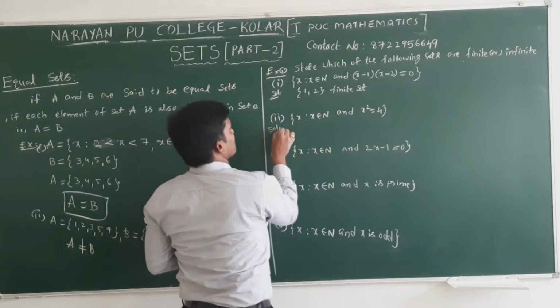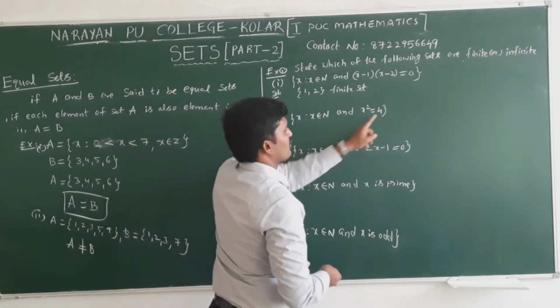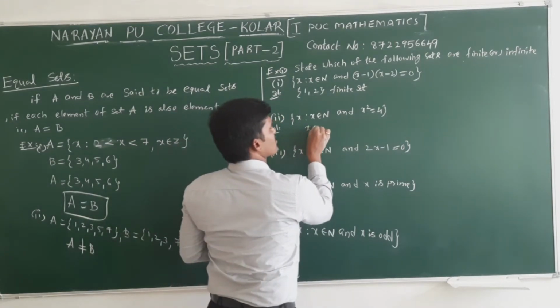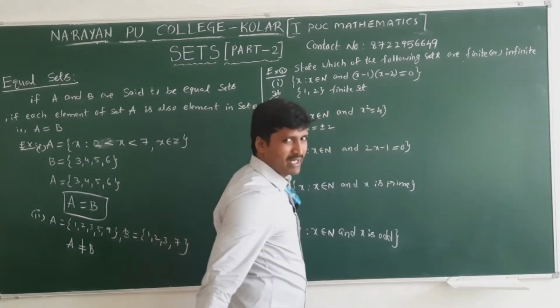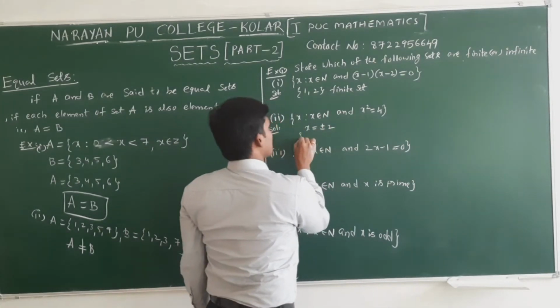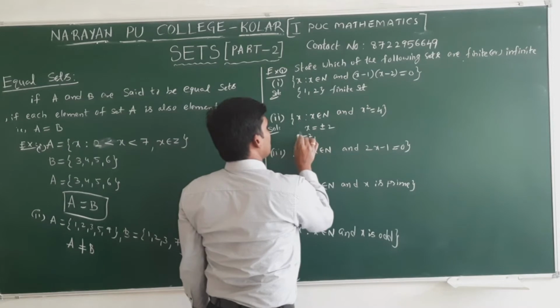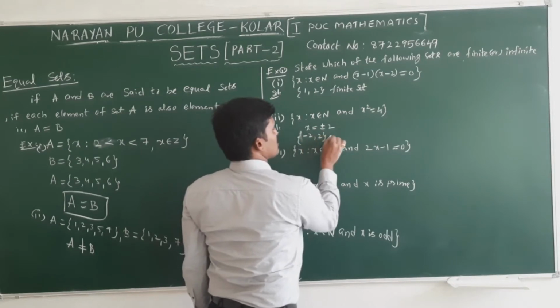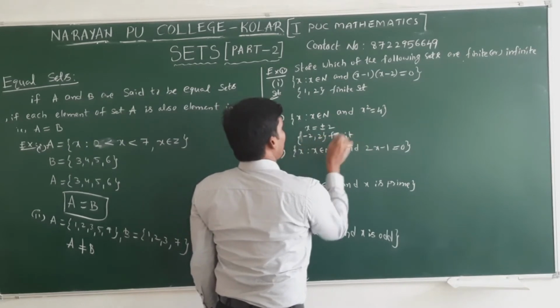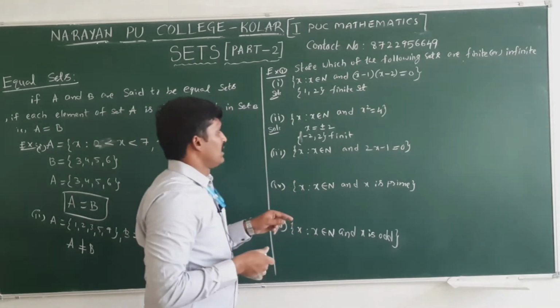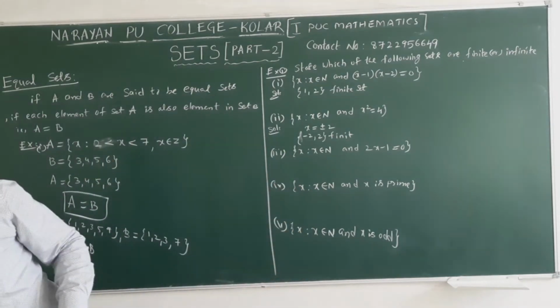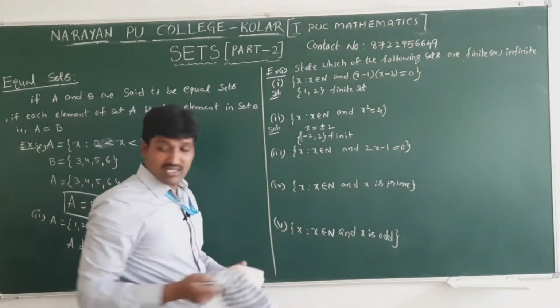Coming to the second one, X square equals 4, so what will X be? Plus or minus 2. Clearly we can write minus 2, plus 2. But what is given for X? Natural number is given.